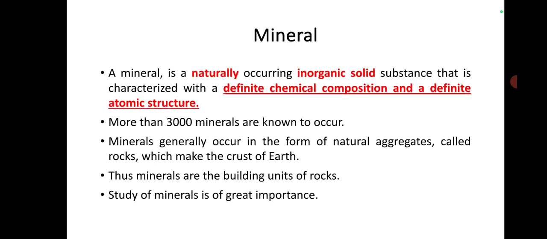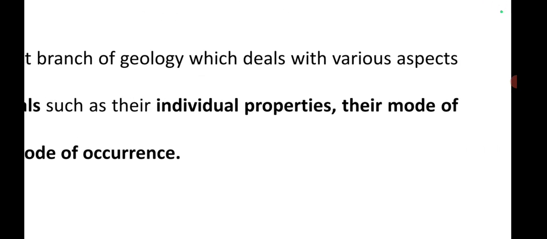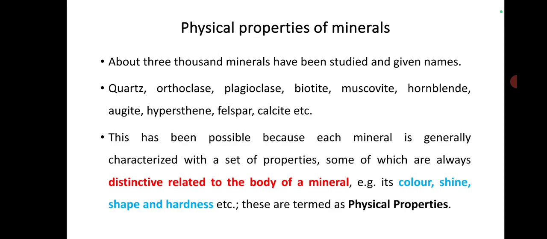We have about 3000, or more than 3000, minerals. Some examples of mineral groups are quartz, orthoclase, plagioclase, then biotite, muscovite, and hornblende, augite, hypersthene, feldspar, calcite, etc.